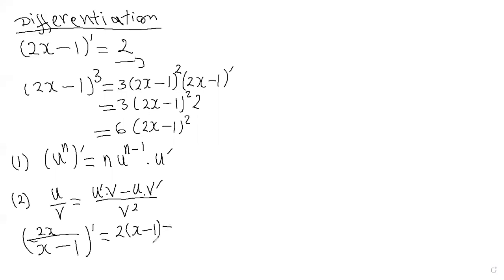Then I have minus. Now u is not derived, which is 2x. Now I have to derive v, which is x minus 1. The derivative of x will be 1. The derivative of minus 1 is 0, all over v squared, which is (x minus 1) squared.